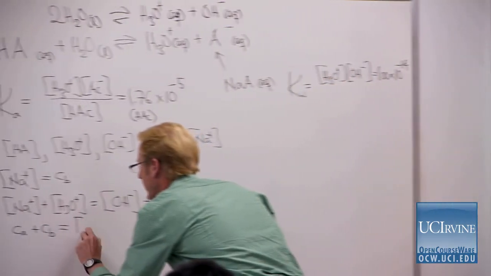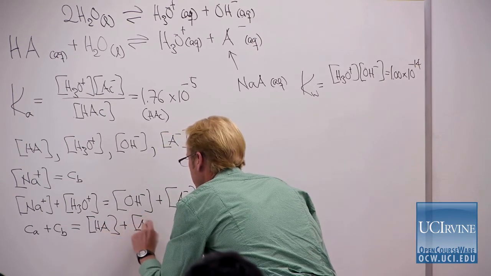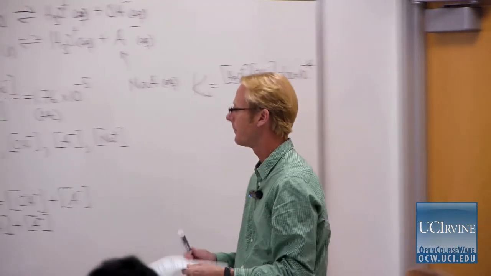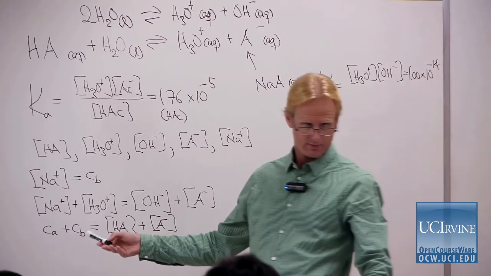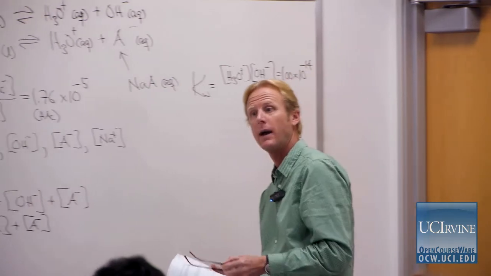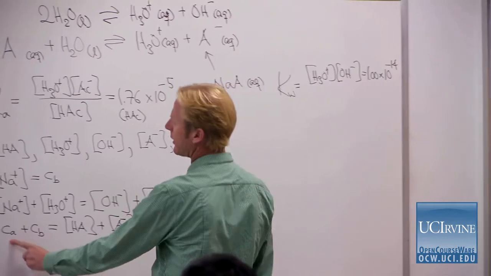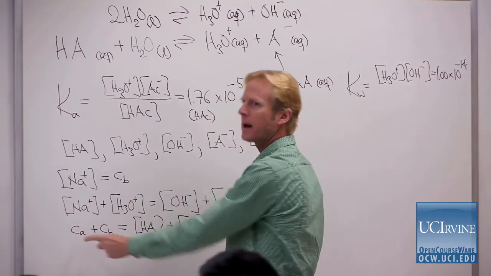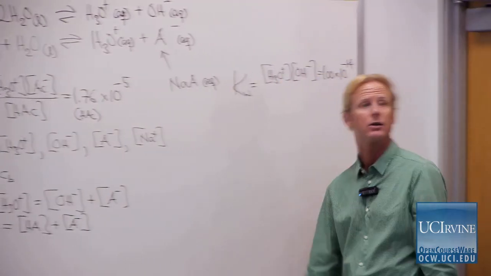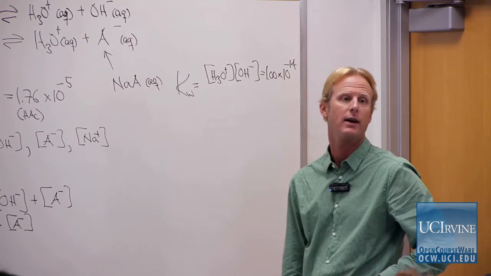And so that means we can write HA plus A minus. Okay? So just to be clear, these are numbers that are givens. We decide what the initial concentration of acid and salt of conjugate base is. So I might say, okay, I'm going to start out with 0.1 molar acetic acid and 0.1 molar sodium acetate, and I want to know what the pH of that buffer solution is, taking into consideration the water dissociation.